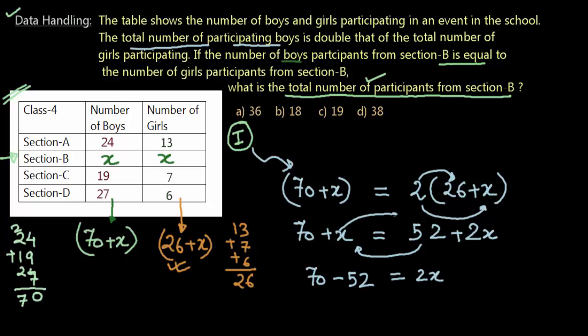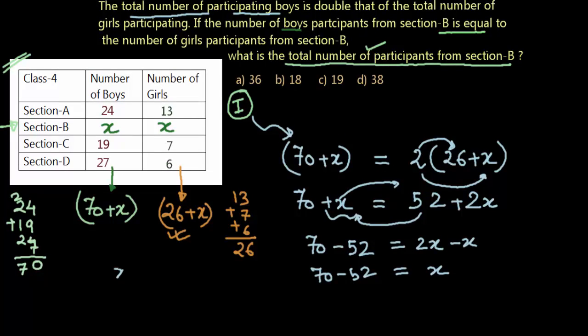This X will go over there, and because this is plus X, it will become minus X over here. So X equals 70 minus 52, which is equal to 18.